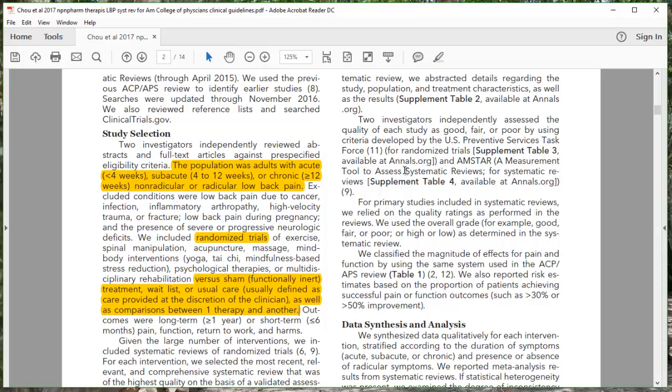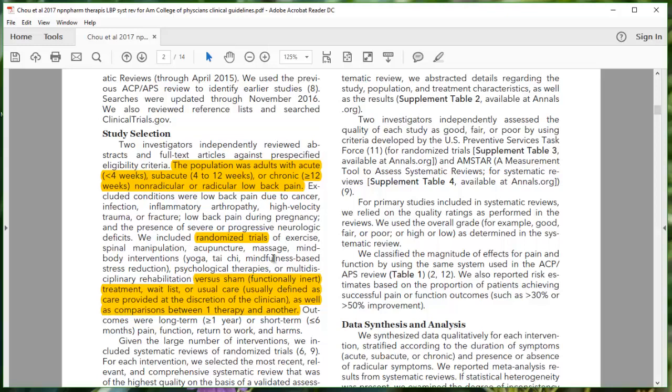When they're looking at a comparison versus a sham condition or wait list or usual care, what they're trying to look at in this review is, is there any effect of these therapies at all? Any effect at all? The next thing to add to this is the comparison between one therapy and another. Are there any differences of these therapies when compared to each other?